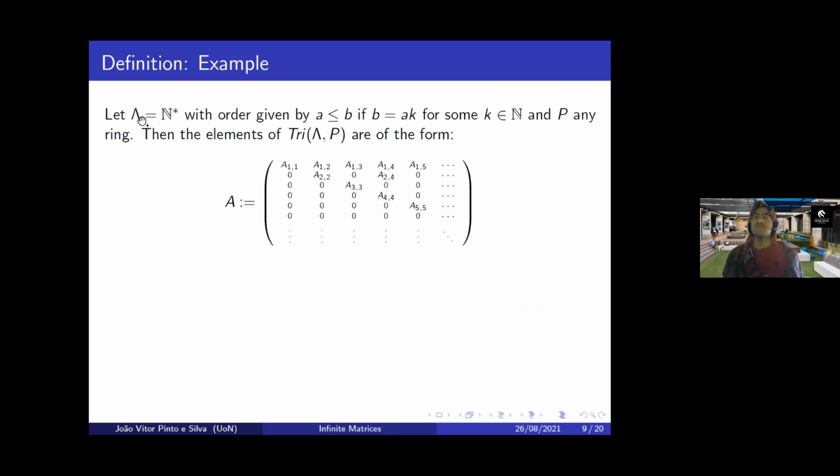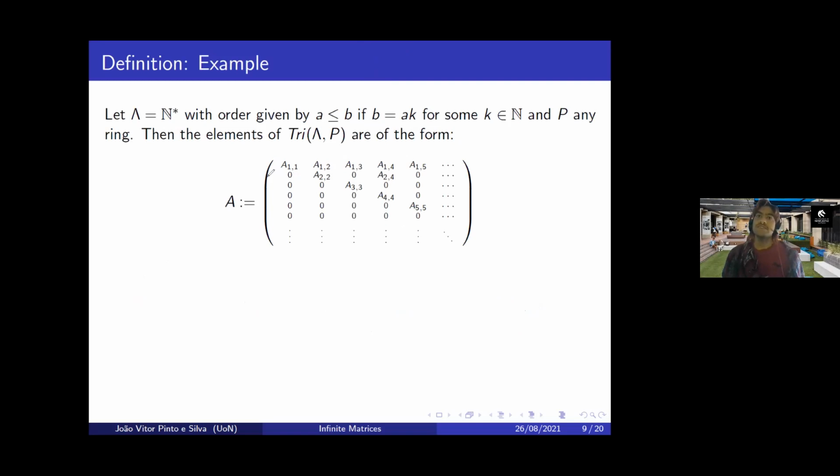Here, let our Λ, our poset, be the natural numbers excluding 0, with order given by a is less or equal to b if b is a multiple of a. And P, as always, can be any ring. Here we are not specifying which ring we have. So the general elements of our matrix will be these ones.